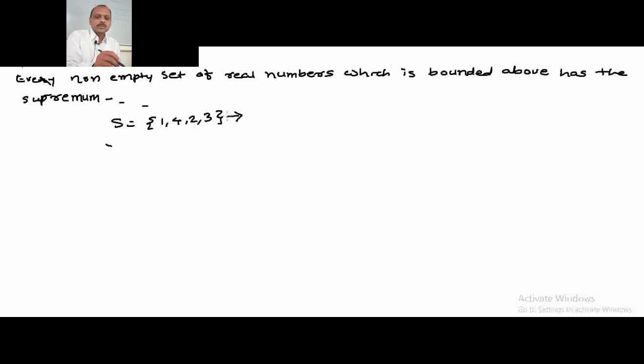Suppose we take 5, then all the elements of S are less than 5. Similarly, for 6, all these members are less than 6. If we take very precisely 4, then all the members of S are less than or equal to 4. So, these are all upper bounds of S.